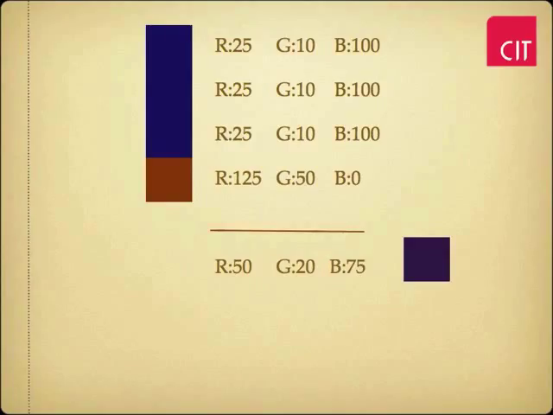However, the blue pixels are 3 times as common in this dithering pattern than the brown pixels. So the calculation of the simulated color will include the RGB values for the blue pixels 3 times. It's a weighted average. The simulated color here has an RGB value of 50, 20, 75.